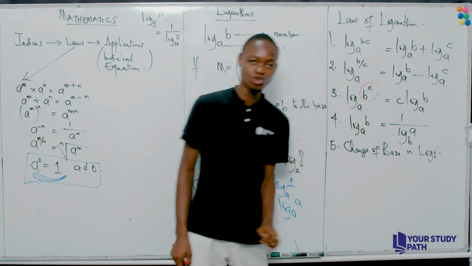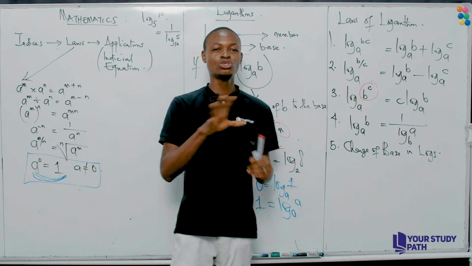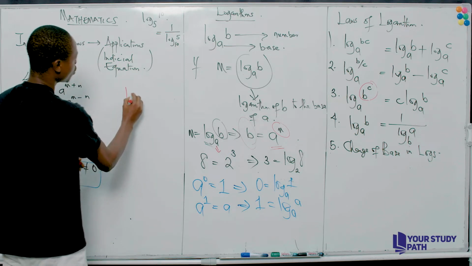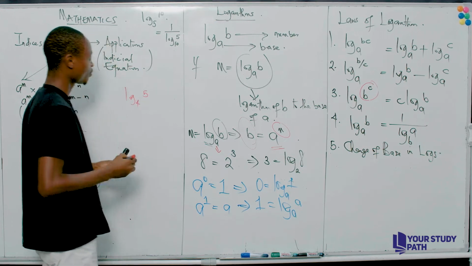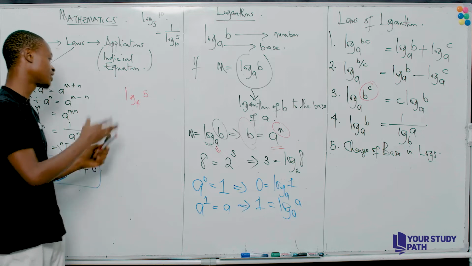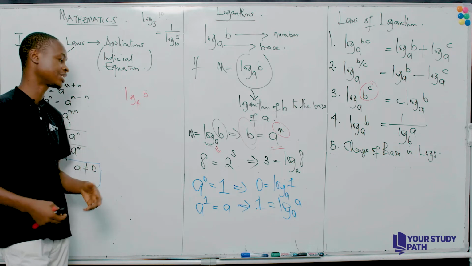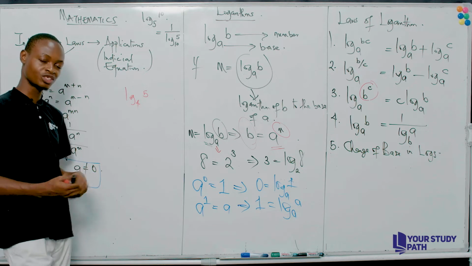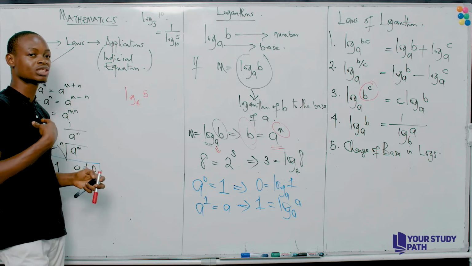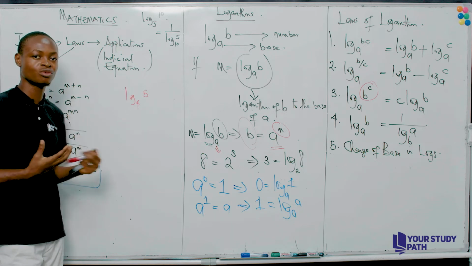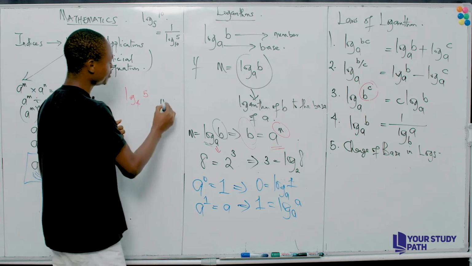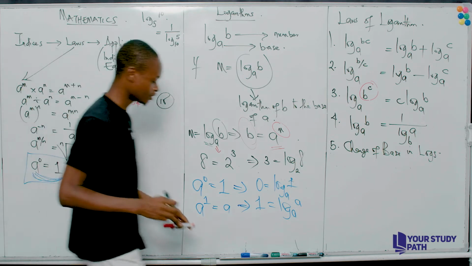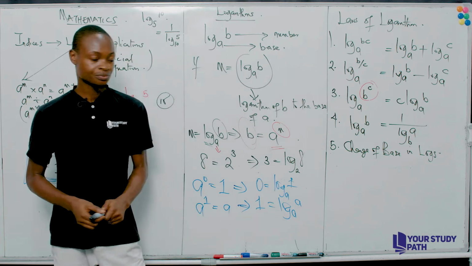But in this fifth law, what we are now going to be doing is introducing a new base that suits us. Let's say you have log 5 to base 4. And then you'll be like, oh, I can't operate in base 4. It looks complicated. But then if I use the reciprocal, I will now have to operate in base 5, which is also complicated. Can I introduce a simple base for me to work on? Let's say, can I bring in base 10? How do I do that? This is what the fifth law seeks to accomplish.